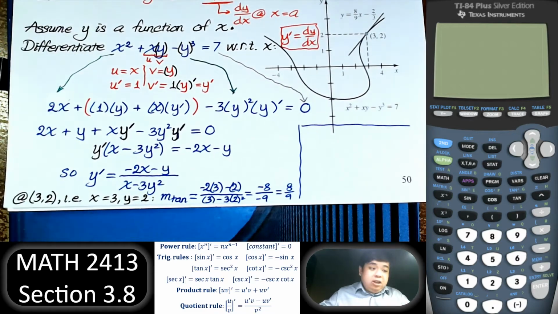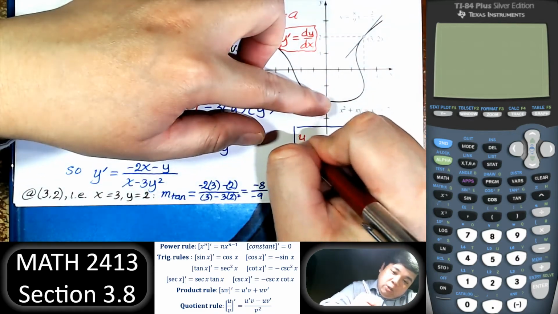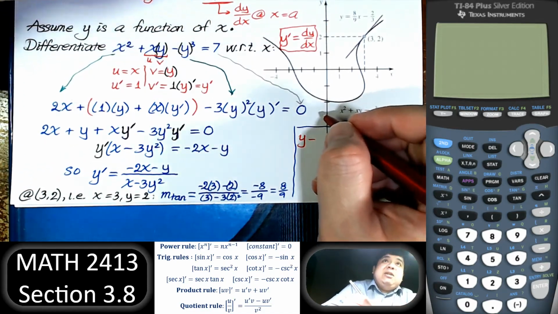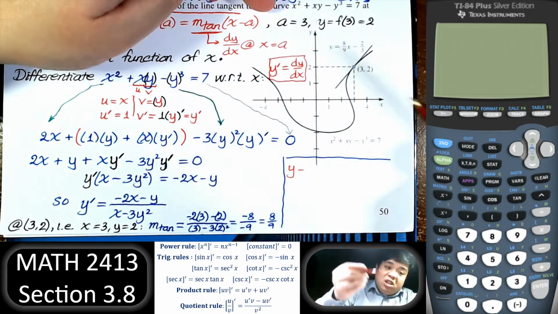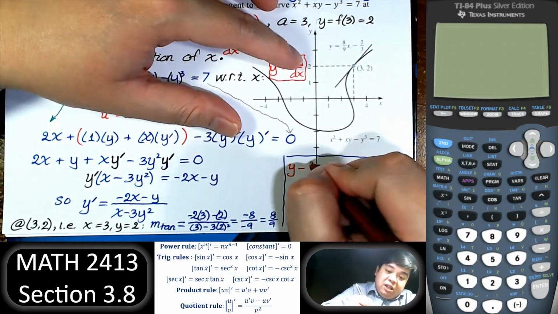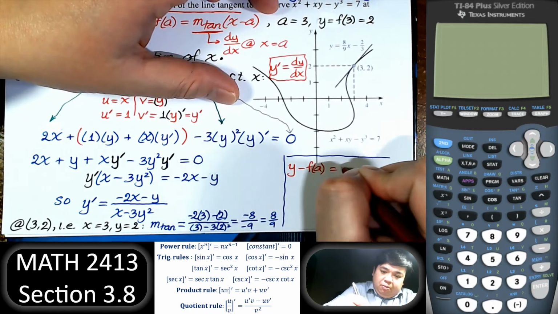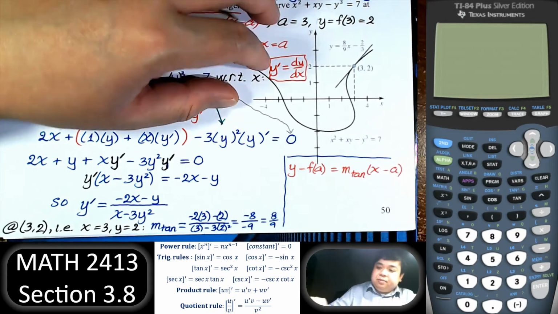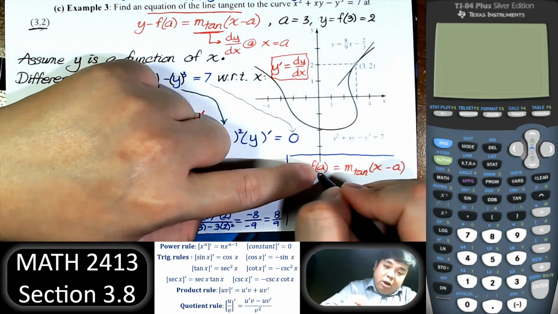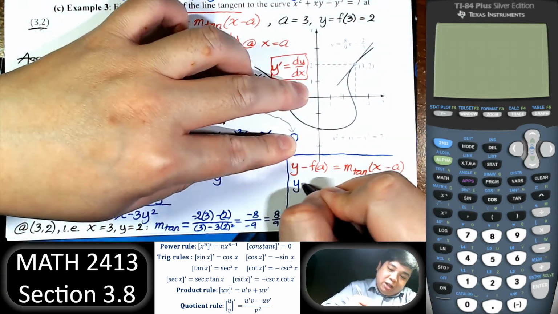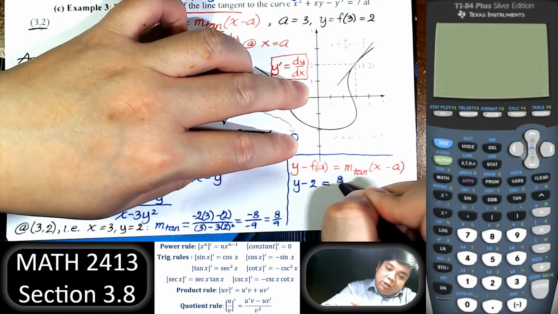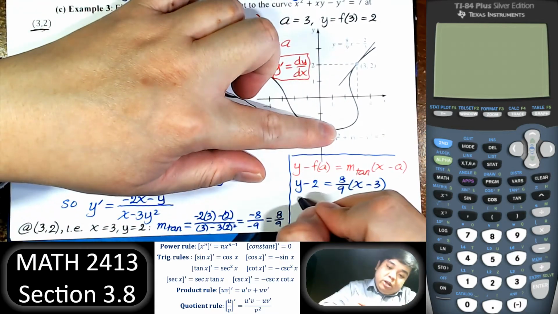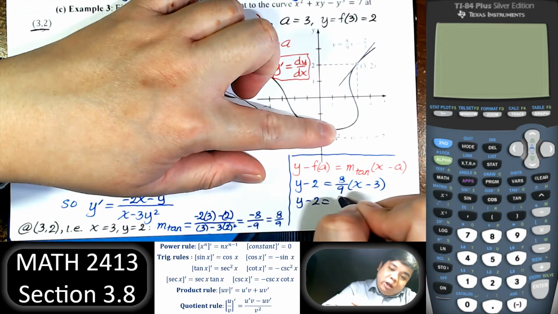And finally, put everything in the equation of the tangent line. Y minus f of a might be a problem because this is not a function. It may not be a function, but we don't have a better notation than that. We know the y value is equal to 2 though, so y minus 2 equal to 8 over 9 times x minus 3.